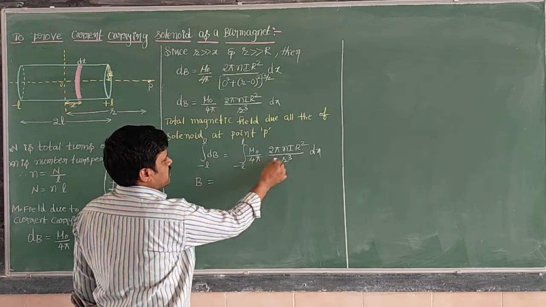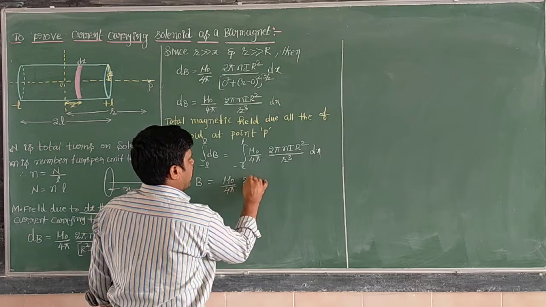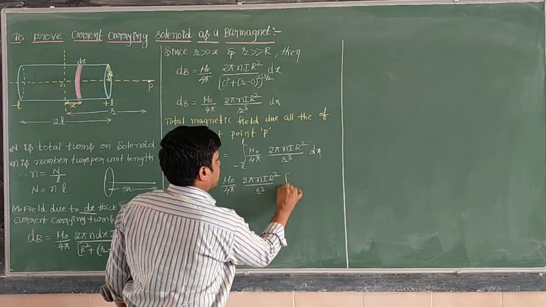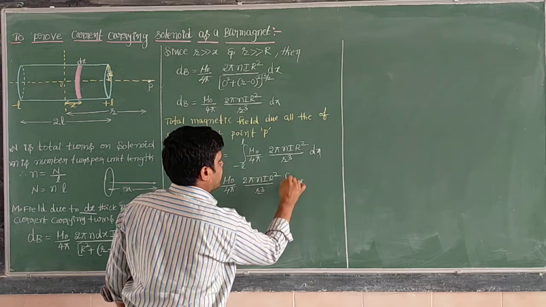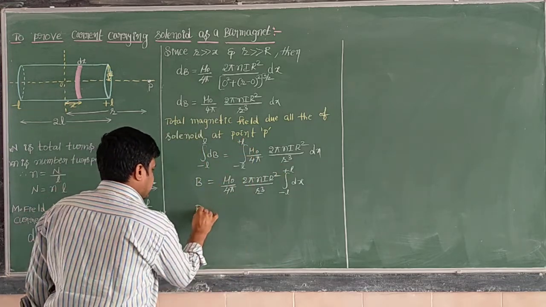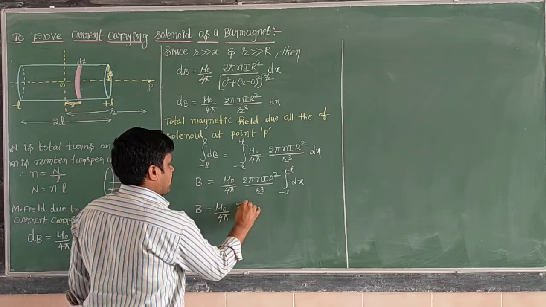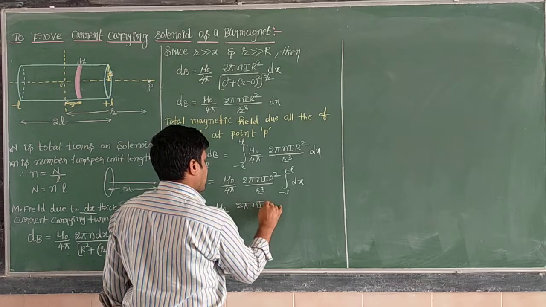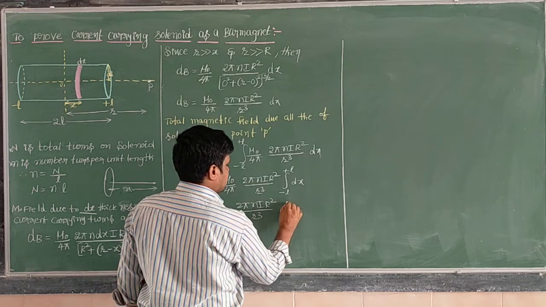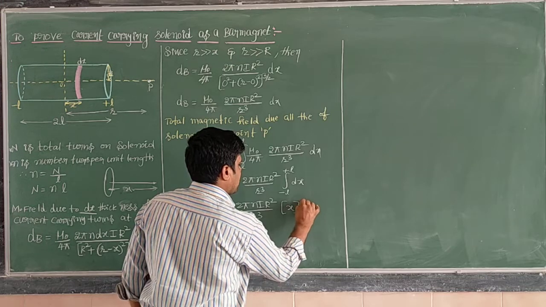Here the constant terms are all taken outside: mu naught by 4 pi into 2 pi n I r square divided by small r cube into integral dx from minus L to plus L. Now from this, B is equal to mu naught by 4 pi into 2 pi n I r square divided by r cube into integral dx, which equals x from minus L to plus L.